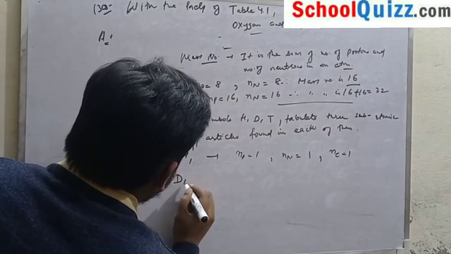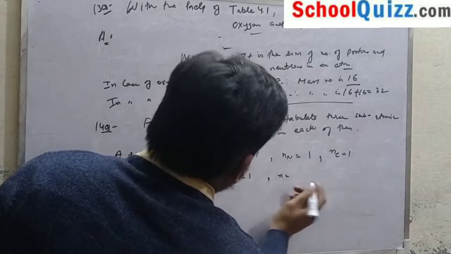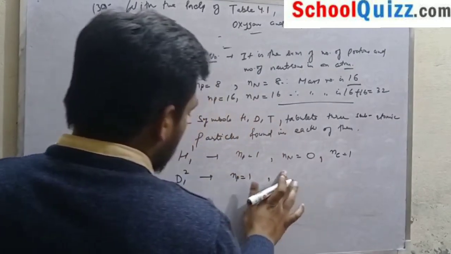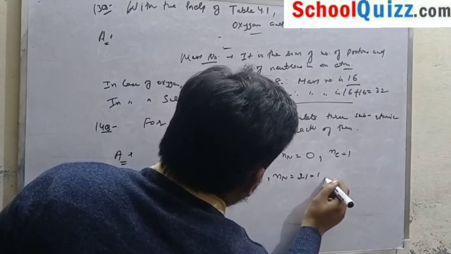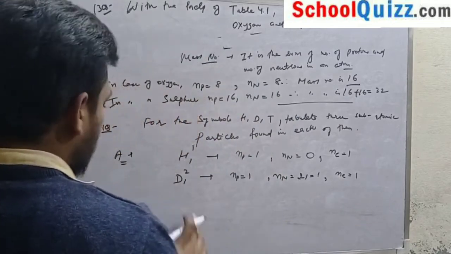Next is deuterium, 1H2. Number of protons is 1. Number of neutrons is 2 minus 1, equal to 1, and number of electrons is equal to 1.